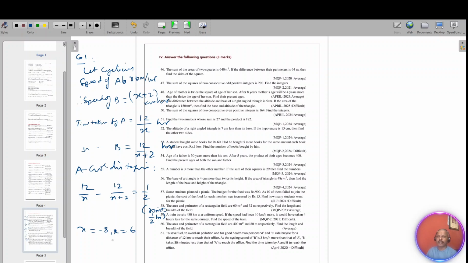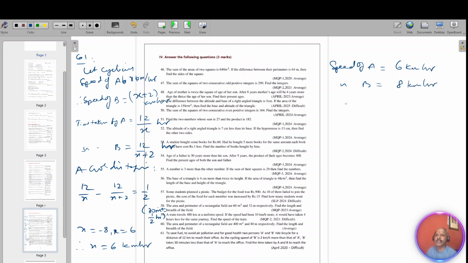Since speed cannot be negative, x is equal to 6 kilometer per hour. We conclude: first let's find the speed. Speed of A is 6 kilometer per hour. Speed of B is 6 plus 2, 8 kilometer per hour.